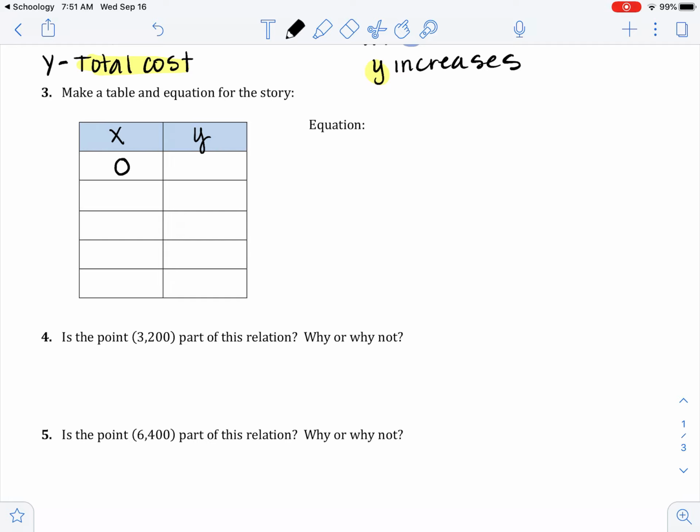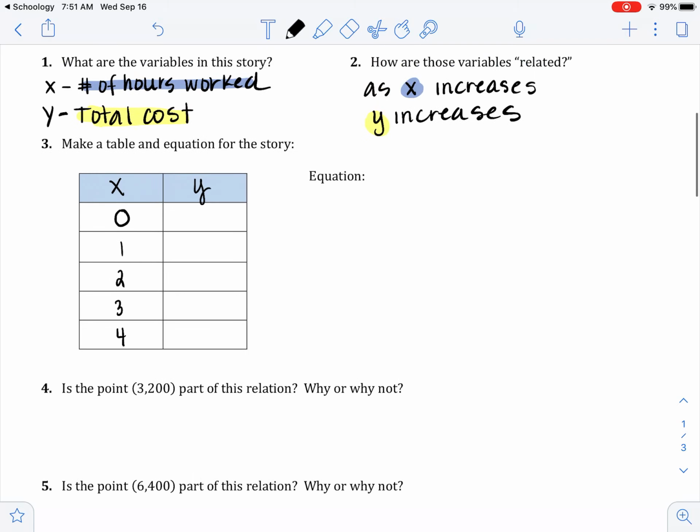They can work not at all. If I hire the moving company and I say, you know what, I cancel, I still have to pay them $100 for hiring them, right? They can work 1 hour, 2 hours, 3 hours, 4 hours. Now you might be saying, can't they work 2.5 hours or 1.5 hours or just a half hour? When you hire a company, usually if they work for 37 minutes, you still have to pay for an entire hour of work.